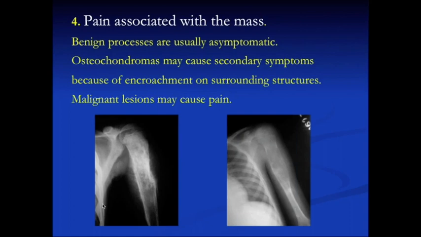Osteochondromas are a different type of lesion which could cause pain due to bursitis happening over them, due to them compressing certain tissues like nerve, due to blocking of joint movements, or very rarely being intra-articular and causing pain, or rarely if they fracture, obviously they would cause pain. And malignant lesions invariably are painful, which is one of the diagnostic criteria.